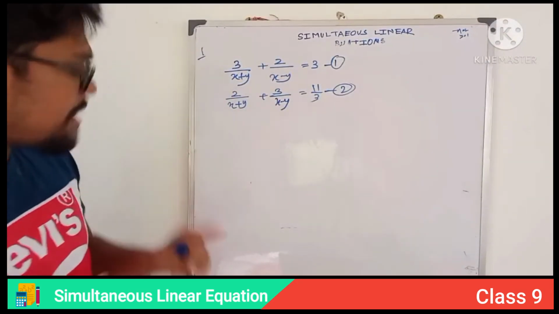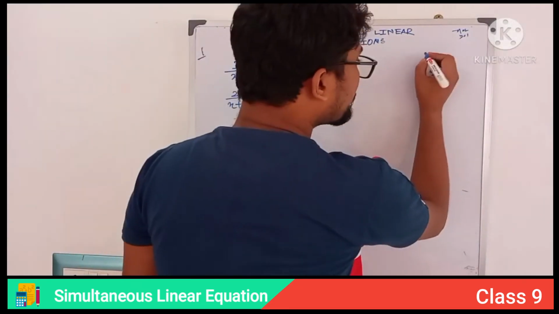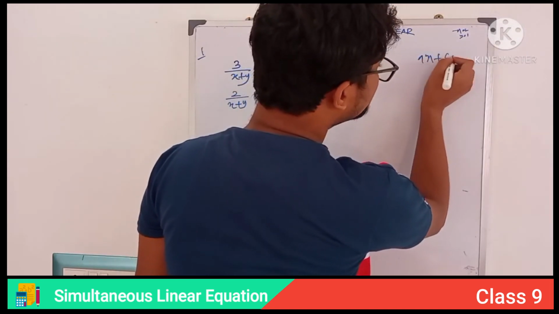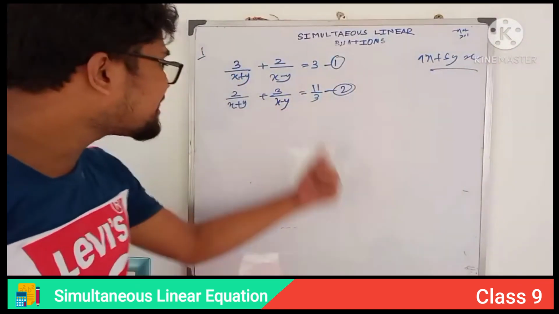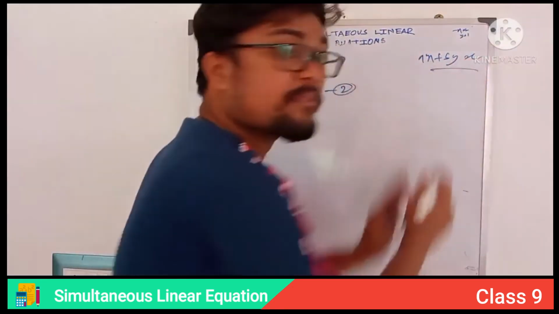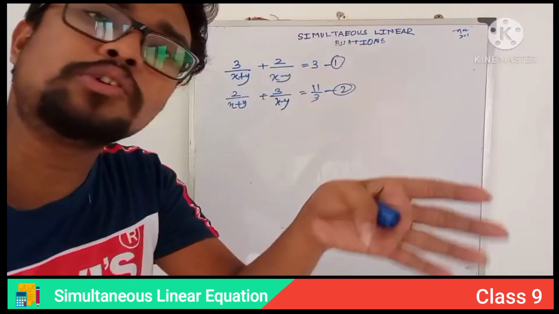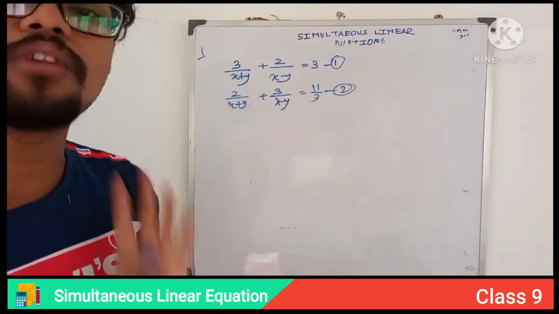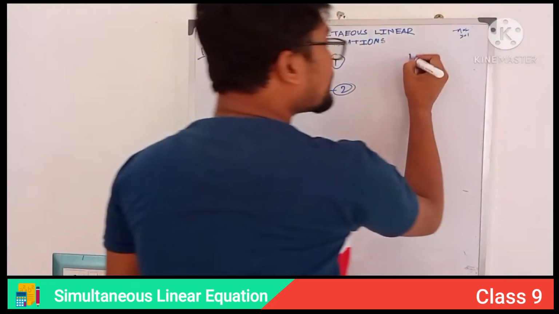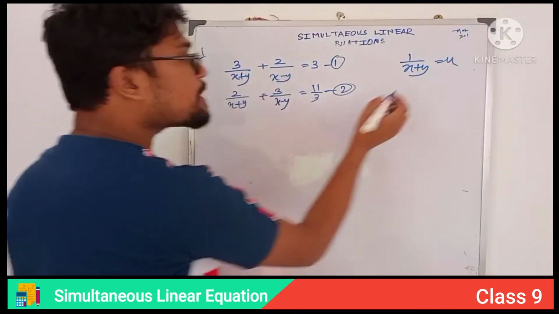Now here again a complication starts. We are used to seeing this type of form, but here this form is not present, so we have to convert it to that type of form. What should we do? In the previous problem, we took x plus y equal to u or v, or 1 by y equal to u or v. So here we put 1 by x plus y equal to u, and 1 by x minus y equal to v.